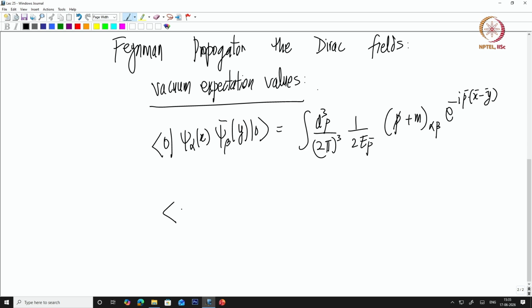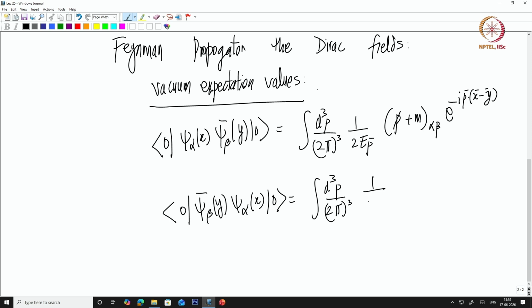And if you take the other one, psi beta bar of y, psi alpha of x, the vacuum expectation value, now (p slash minus m) gives you an almost identical formula.